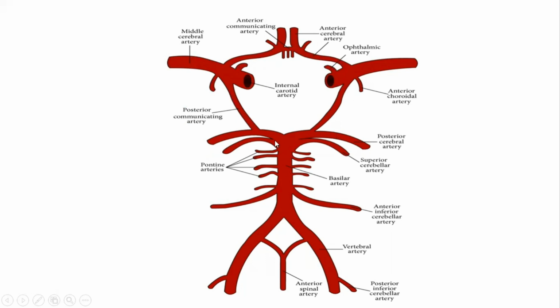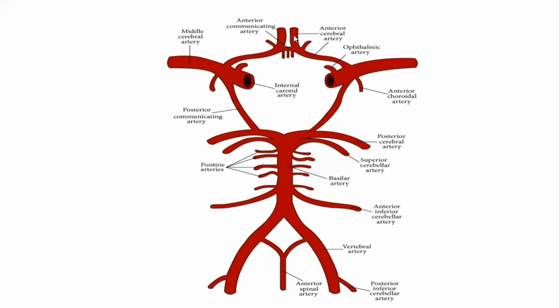So the circle of Willis is completed with the last artery, which is the internal carotid artery. Remember, the anterior cerebral continues from here and goes to supply some parts of the cerebrum, majorly the medial surface of the cerebrum. You can see here the anterior cerebral artery.